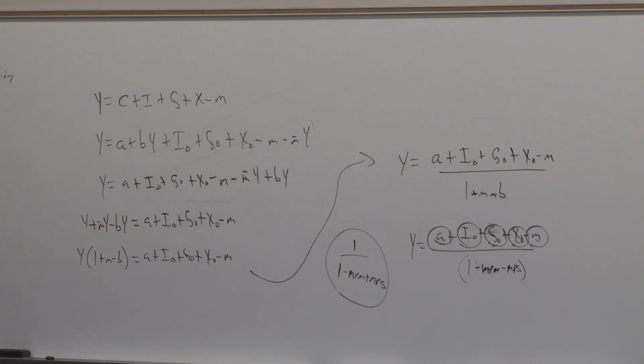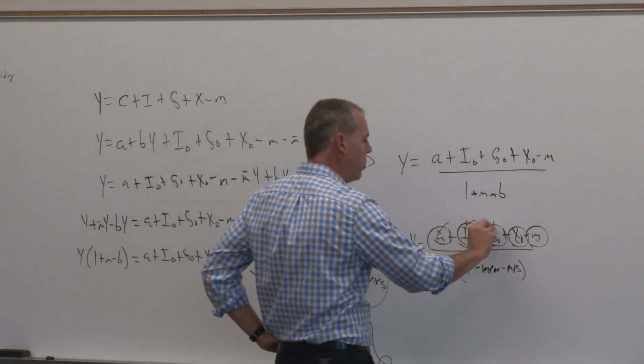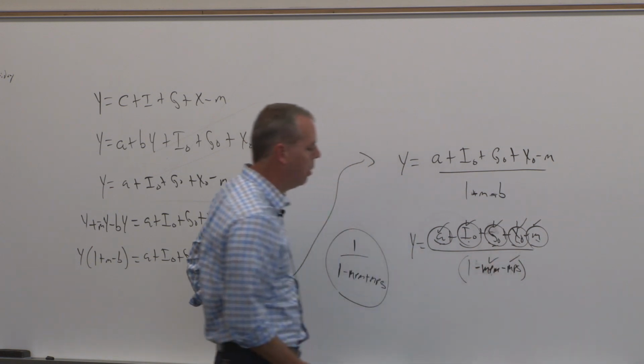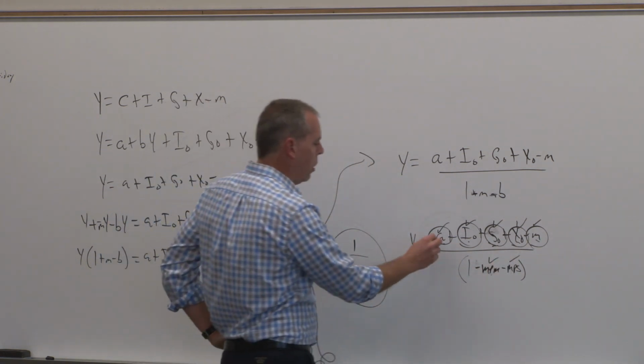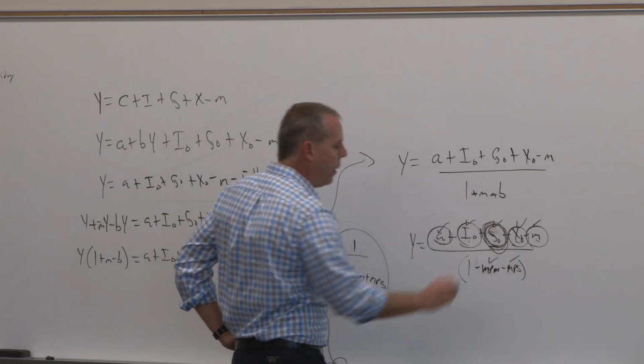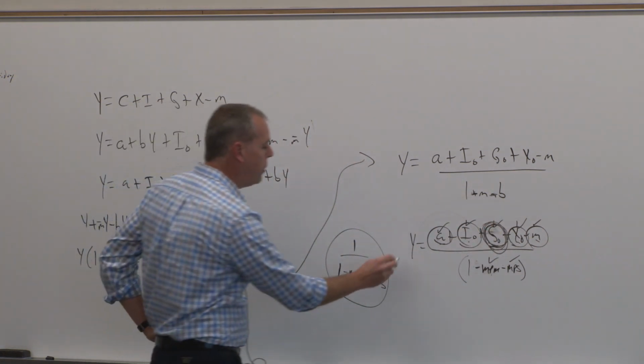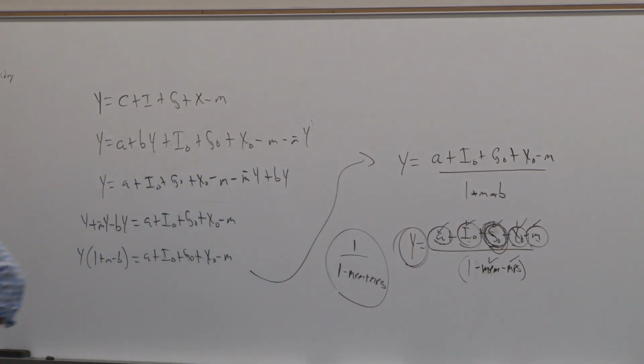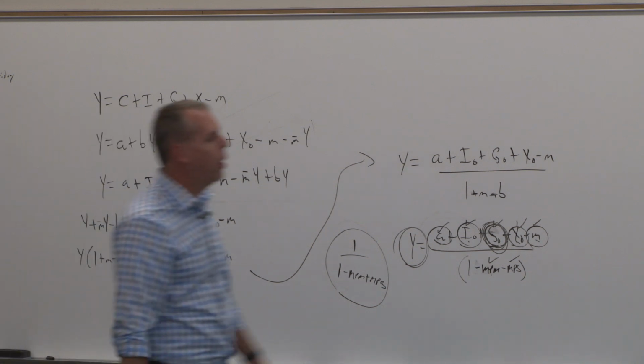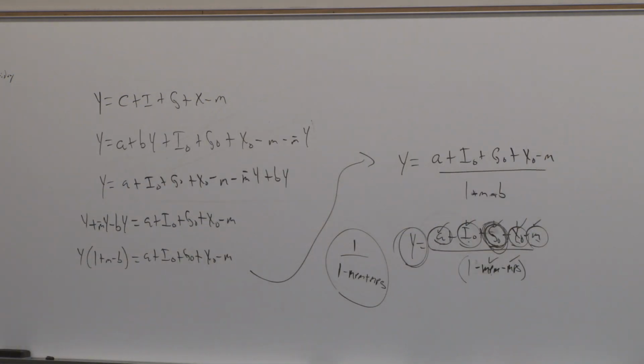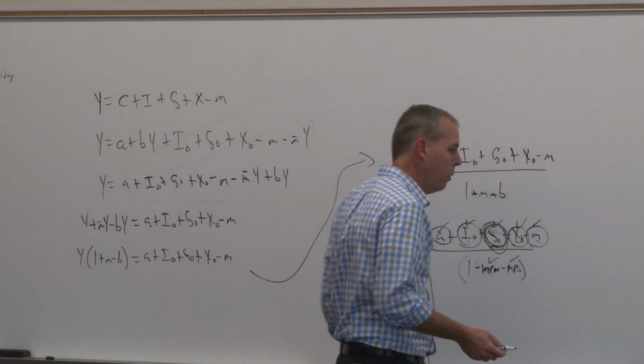So what this guy says is that if we know these numbers, if we know this guy, this guy, this guy, this guy, we know this and this, you can set this guy right here, G, to be any number that you want it to be to make Y be any number that you want it to be. So that if you know, oh, look, the marginal propensity to consume is 0.5. Oh, look, the marginal propensity to consume is 0.9. And I want to get here to say Y4. I want to get to any number. It can be any number that you want to get to.